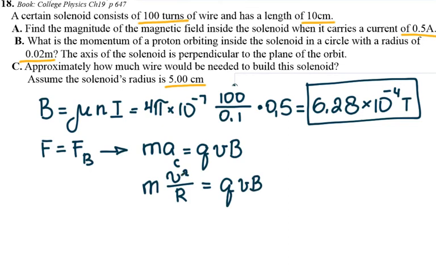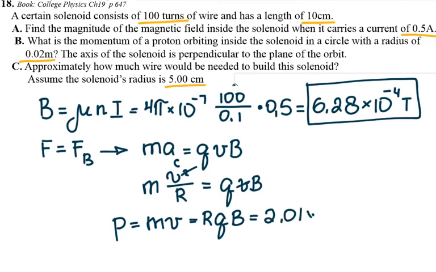So one of the v's cancels, what's left is mv, and they ask you about the momentum. So the momentum is equal to rqB. If I plug in all my numbers, I will get that momentum is equal to 2.01 × 10^-24 kilogram meters per second.